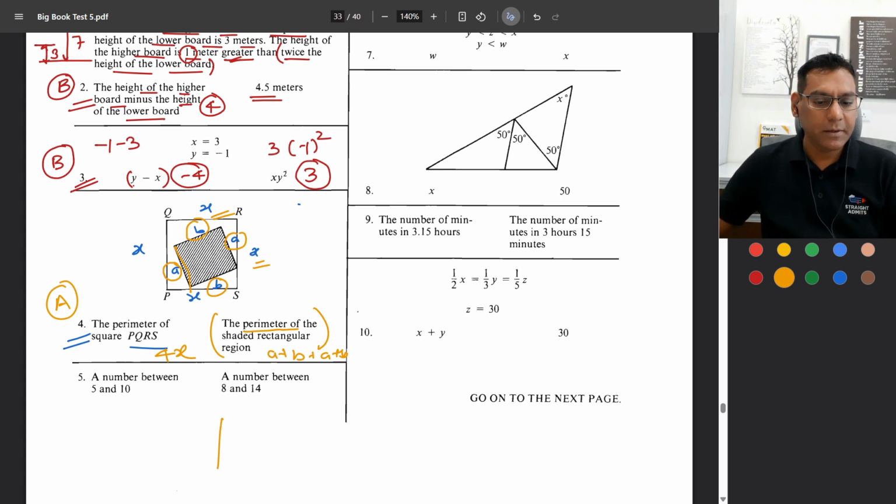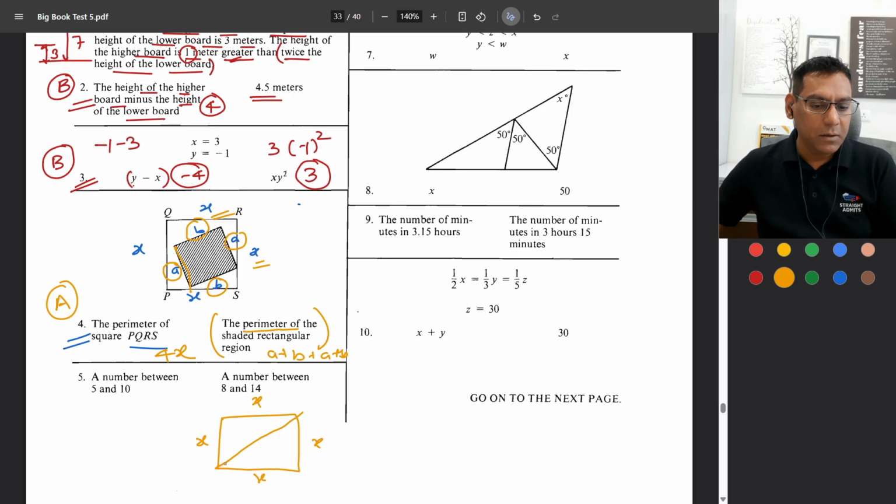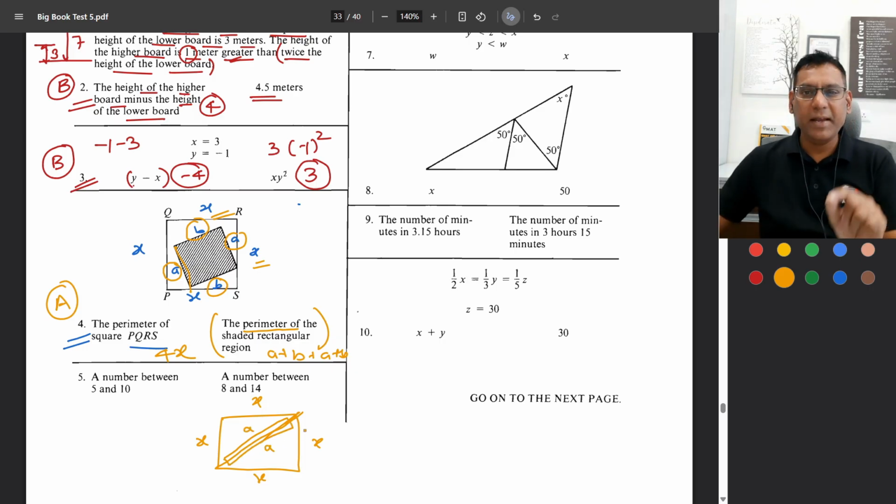When I say a and b individually are smaller than this side, there is one exception. Let's say I have this rectangle along the diagonal of the square, such that it is like this. In that case, my a is going to be very close to the diagonal.